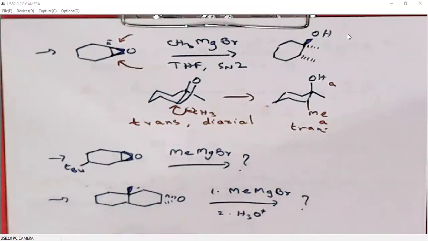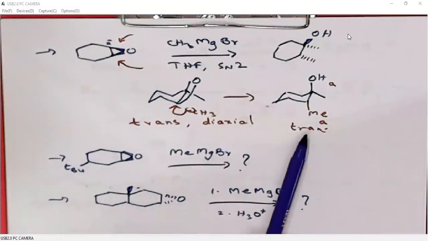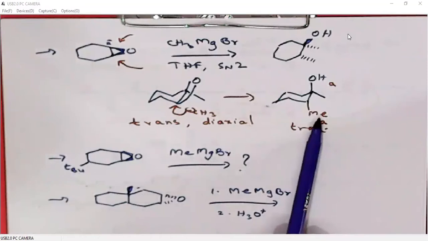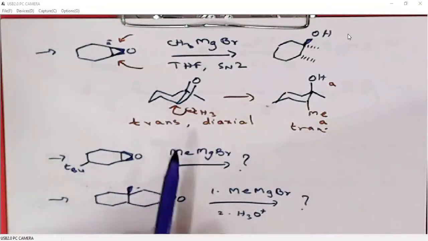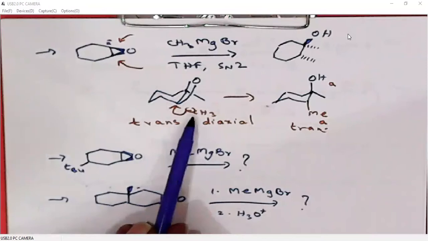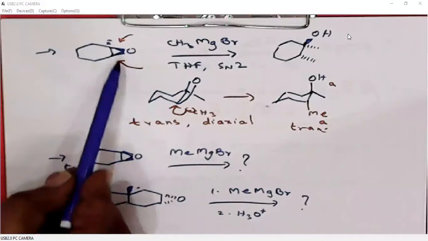So always remember that nucleophilic substitution on an epoxide must generate a trans diaxial product. When you want to open the epoxide, the nucleophile should approach the epoxide from the axial position. There are two possibilities, right?